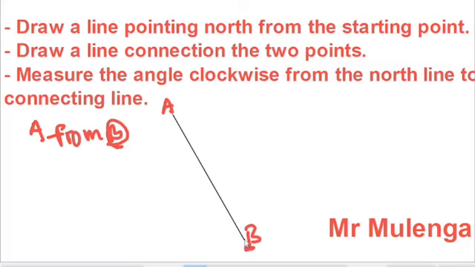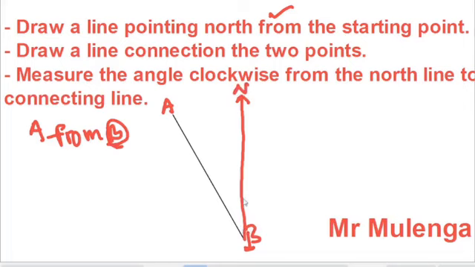So what you do is you are going to draw a north. According to the first point, draw a line pointing north from the starting point. The starting point is B. So from this B, you're going to draw a line connecting the 2 points, A and B. So this is our north.